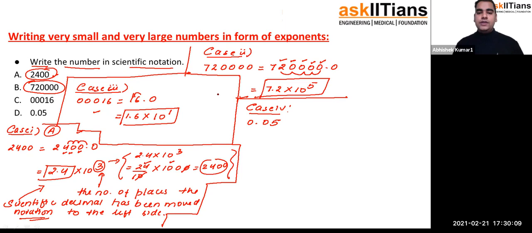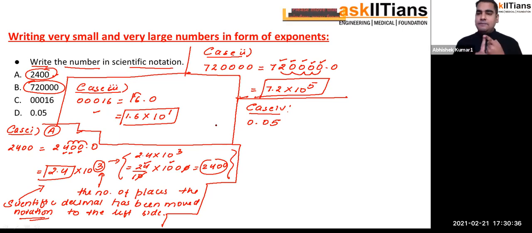And we know that while we write a standard form, we have to make sure that there should be only one digit on the left hand side of decimal. Rest of the digits must be on the right hand side of decimal, right? But in all the three examples that we took before this, we were moving decimal by some places to the left hand side, right or not?